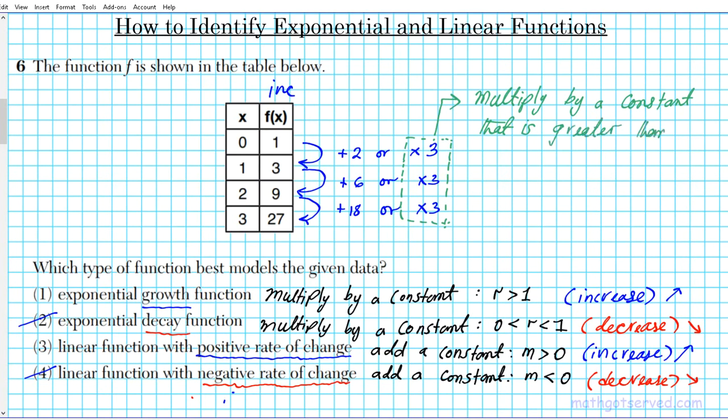You constantly multiply by that constant greater than 1. It tells you that it is an exponential growth function. So the answer to question number 6 is option 1.